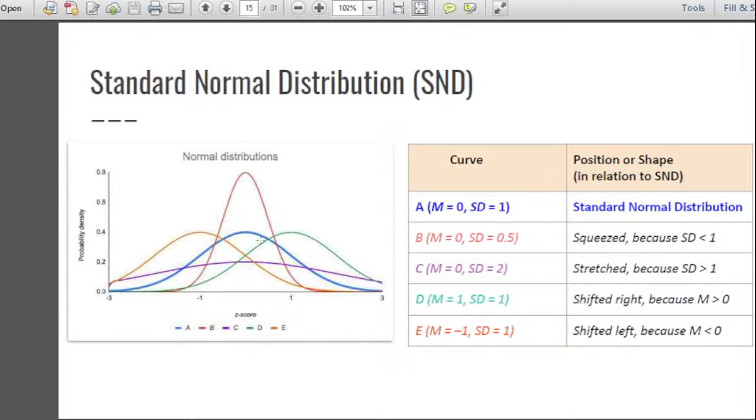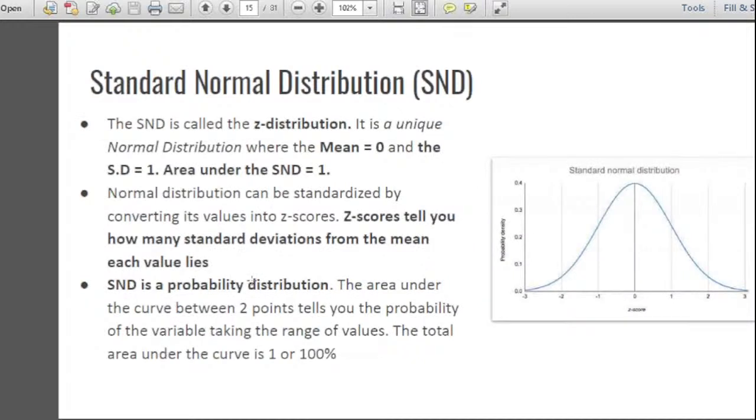And why do we do that? The standard normal distribution is called a Z distribution. It is a unique normal distribution where mean is equal to 0 and standard deviation is equal to 1, and the area under the standard normal distribution is 1 unit. So the area under this curve is considered as 1 unit.